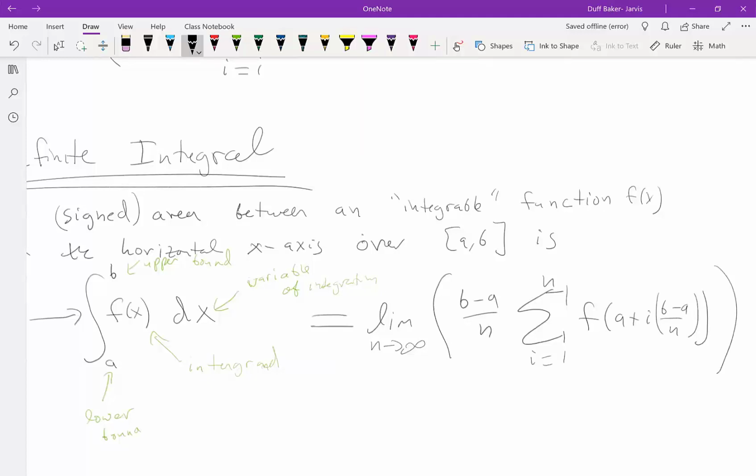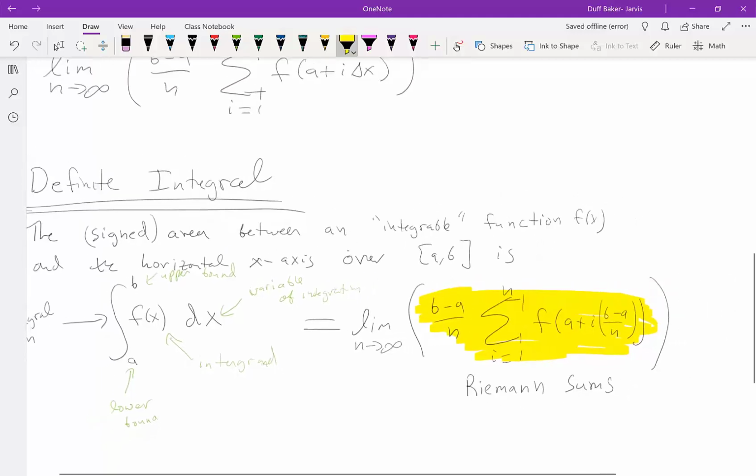So that complicated thing. And just another piece of terminology, this part inside the limit has another name. These are called Riemann sums, because the guy that invented this process, or at least laid it out very clearly, his name was Riemann.